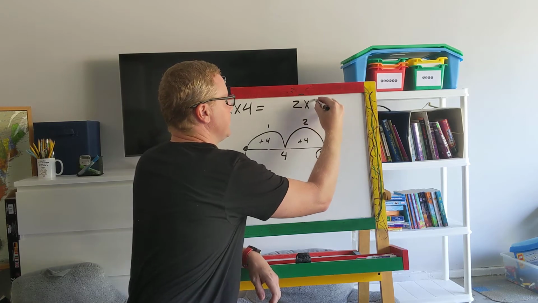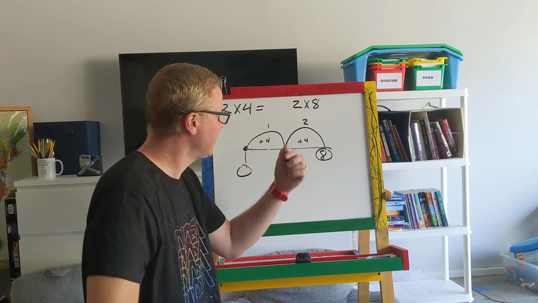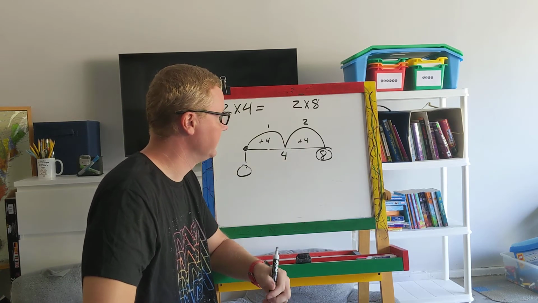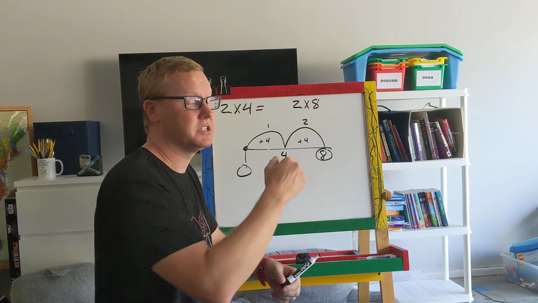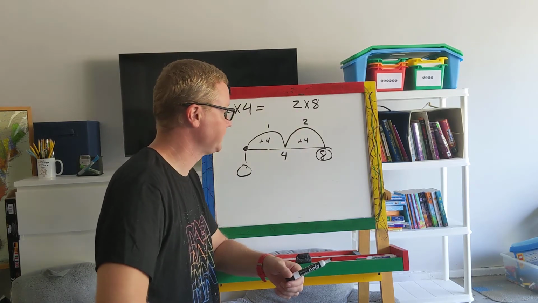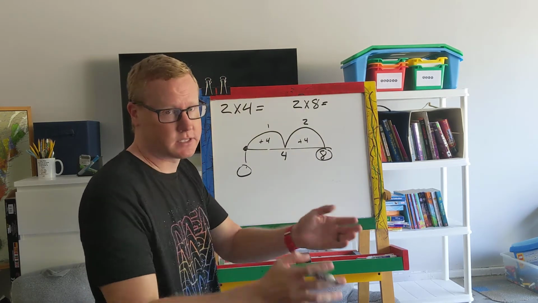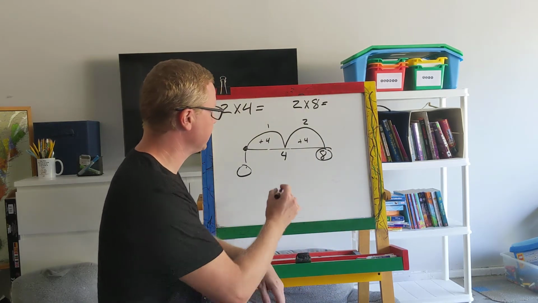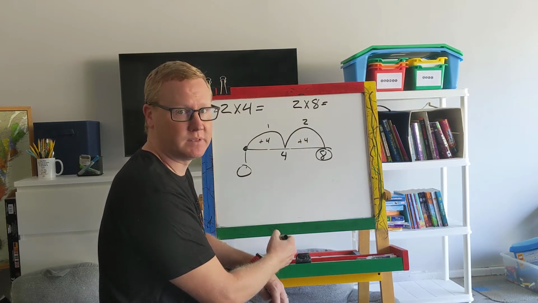2 times 8? This is the number string that comes in. How can I use this problem right here to maybe solve 2 times 8? Well, some of you might know your math facts, but another way is, you know that we just traveled 8 on our number line.